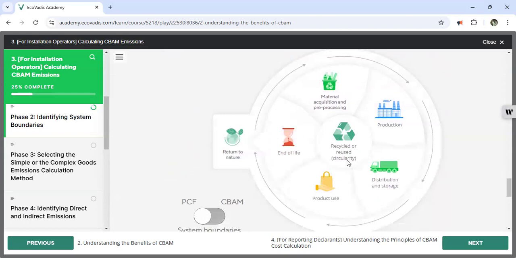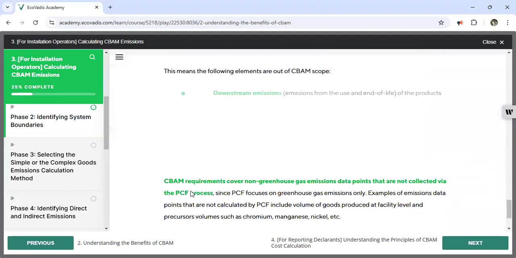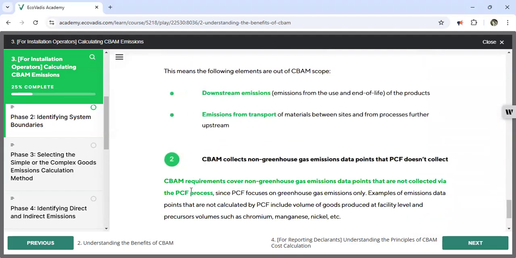This means the following elements are out of CBAM scope. Downstream emissions, emissions from the use and end of life of the products. Emissions from transport of materials between sites and from processes further upstream.